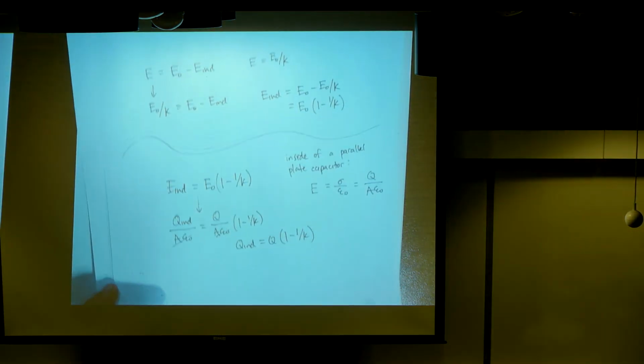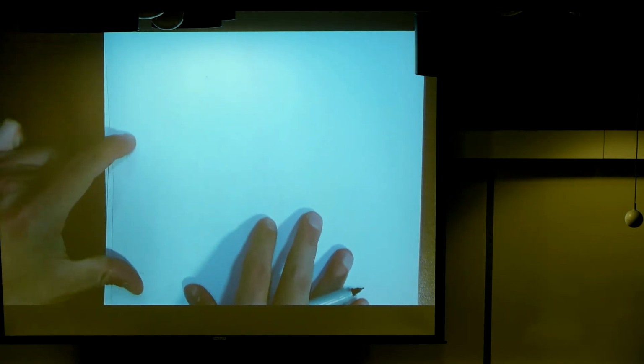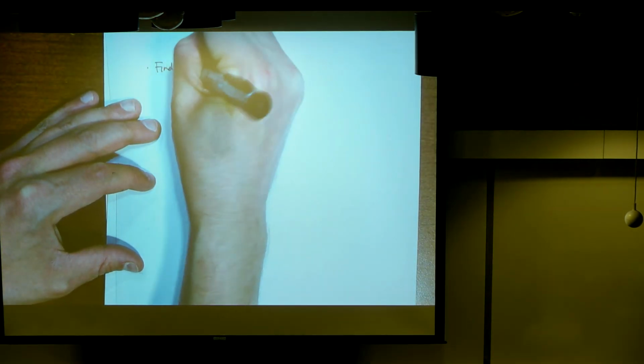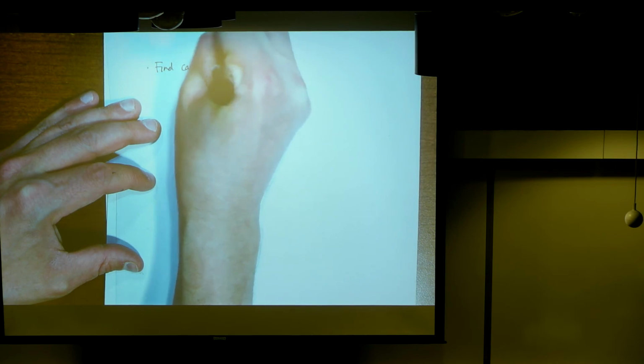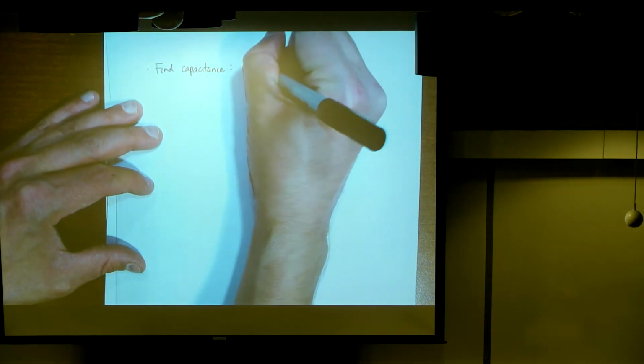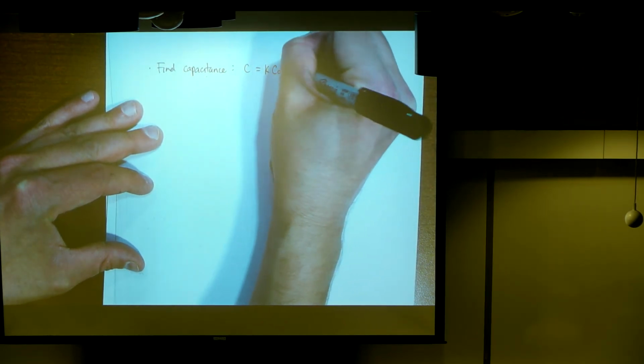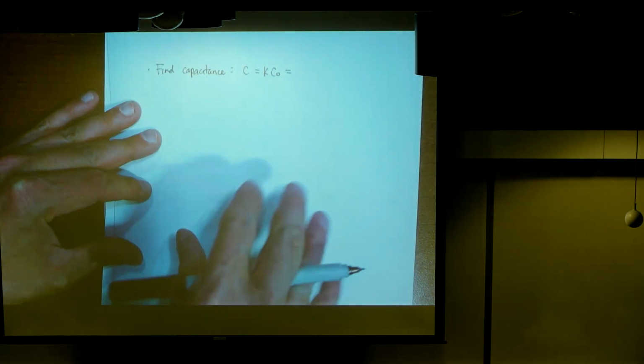So let's find the capacitance first. For this, we're going to use C equals K times C naught because we are dealing with a dielectric material.